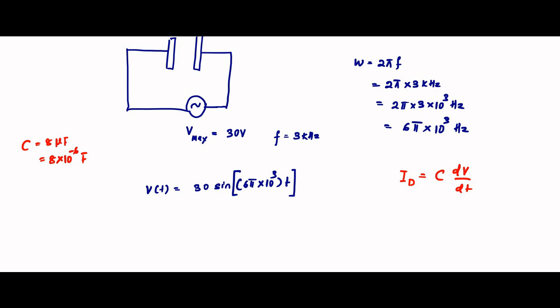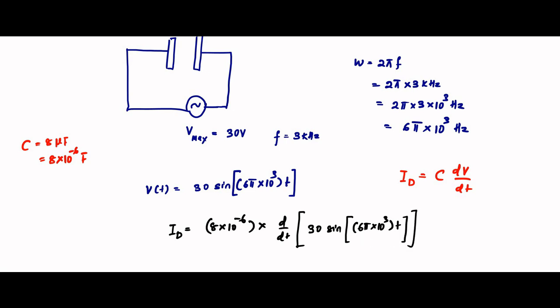So the displacement current is equal to C, that is 8 into 10 to the power minus 6, into d by dt of 30 sine 6 pi into 10 to the power 3 t.